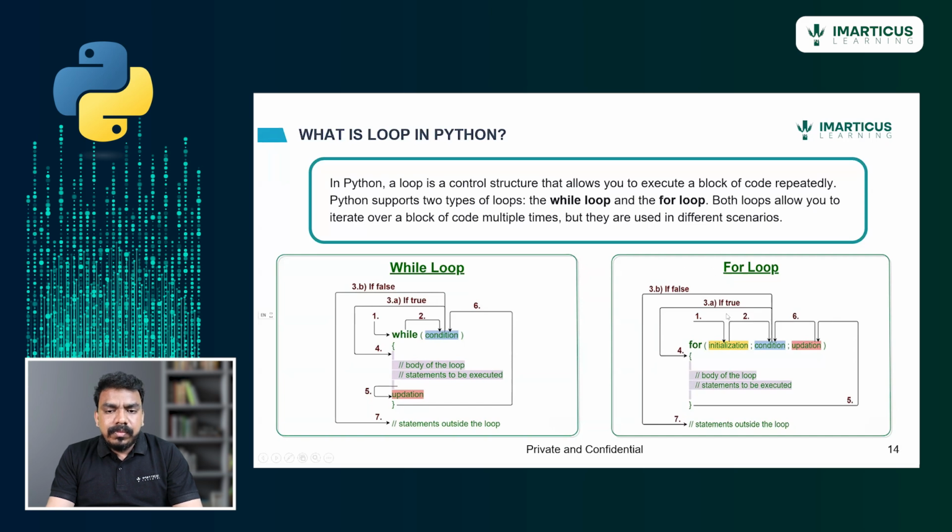Whereas in the for loop you provide an initialization, for example how many times the iterable needs to be initialized, then you provide some condition and updation, and you write the block of code or the statement, and then this statement executes the n number of times that you specified.